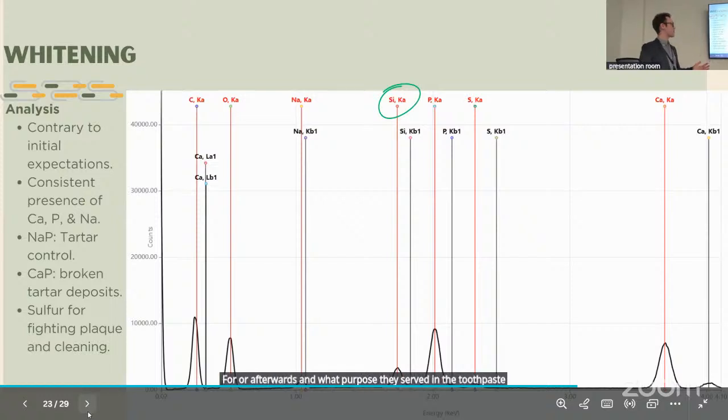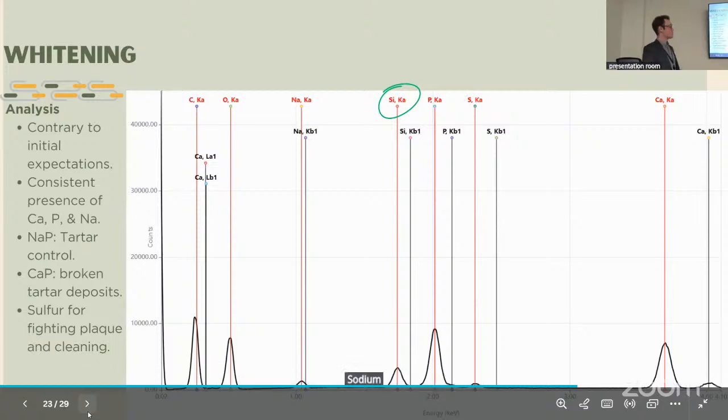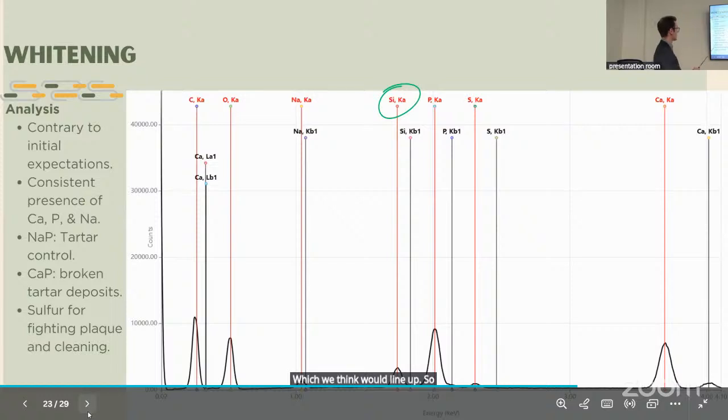We came up with a couple of hypotheses, but we were not able to confirm them absolutely. Sodium phosphide is a compound used for tartar control. So the consistent presence of sodium and phosphorus in various levels in these samples, we theorized, could be attributed to a source of tartar control, which we think would line up. That was one of our leading thoughts.